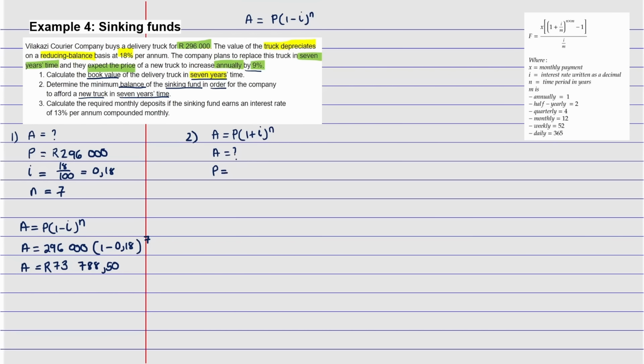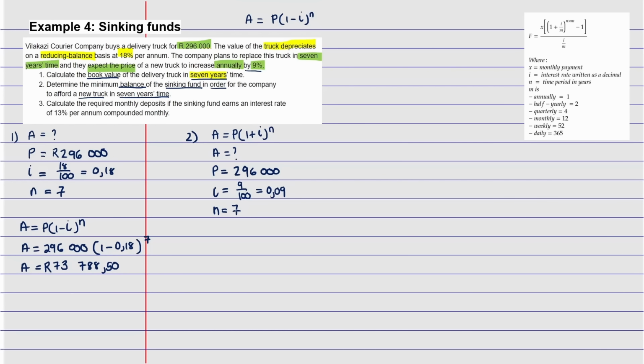P, we know, is the price of the truck now, which is 296,000 Rand. Then i: the truck is expected to increase by 9%, so that's our interest. It's 9 divided by 100, which is equal to 0.09. Then it's in 7 years' time, so n is going to be 7.